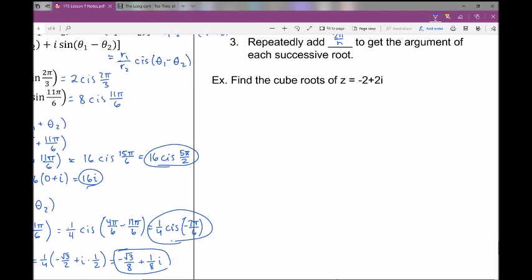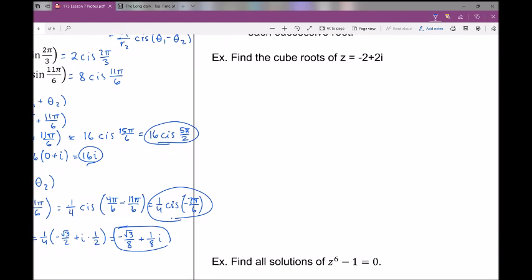So for our first example, we want to find the cube roots of the complex number -2 plus 2i. So again, just keep in mind that this is in quadrant 2 because we have a negative x coordinate and a positive y coordinate, and because we want cube roots, we know that n is going to be 3. Okay, so first of all, let's get this number into its polar form.